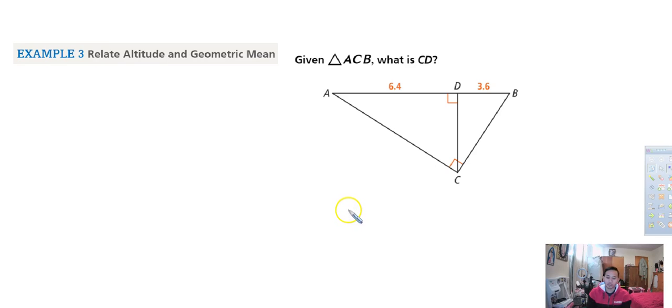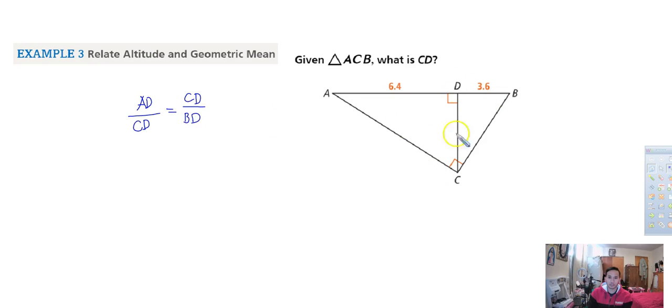Use the properties of similar triangles to write a proportion. We have AD corresponds to CD, and that is equivalent to CD corresponding to BD.